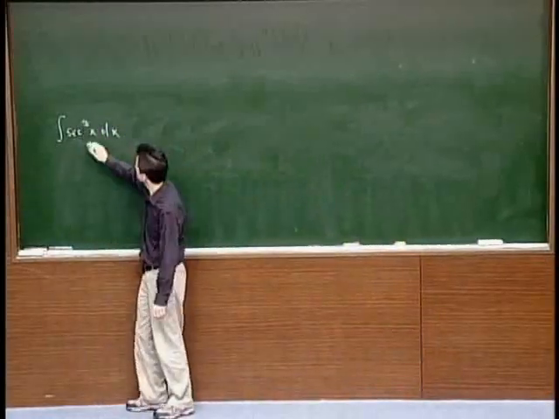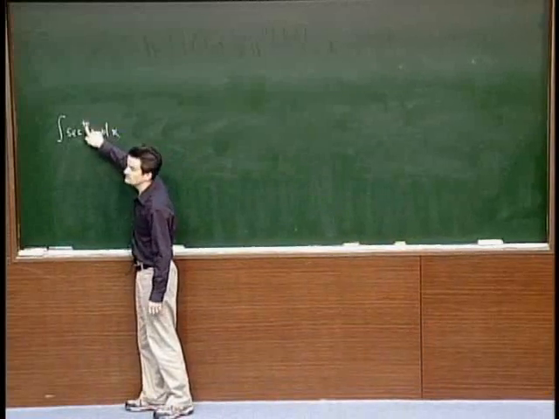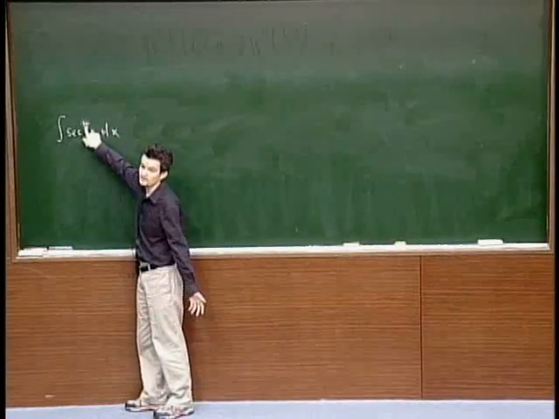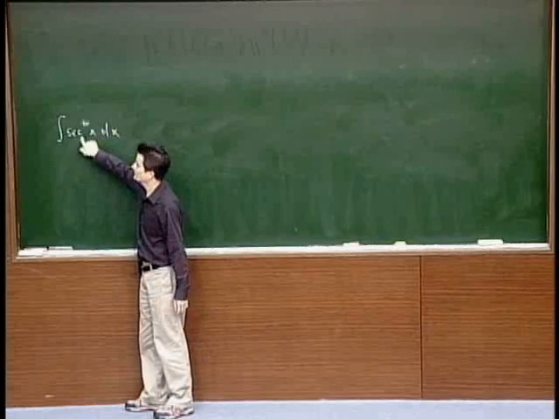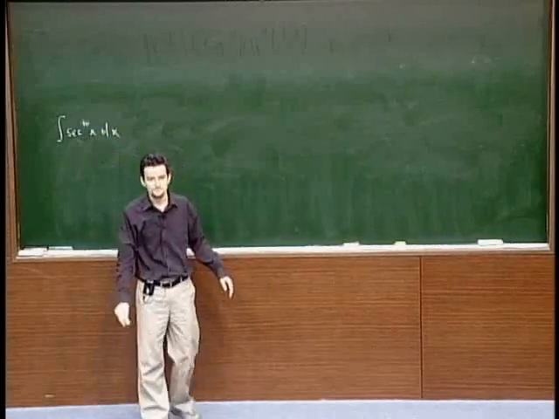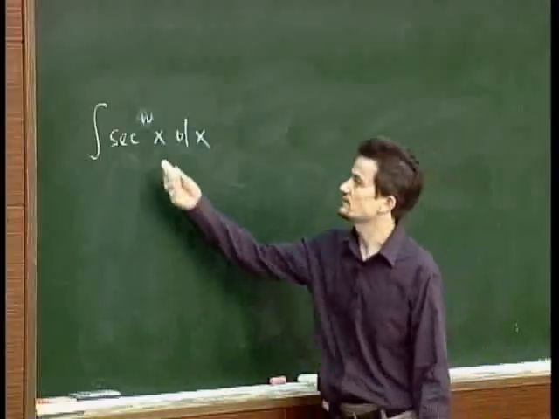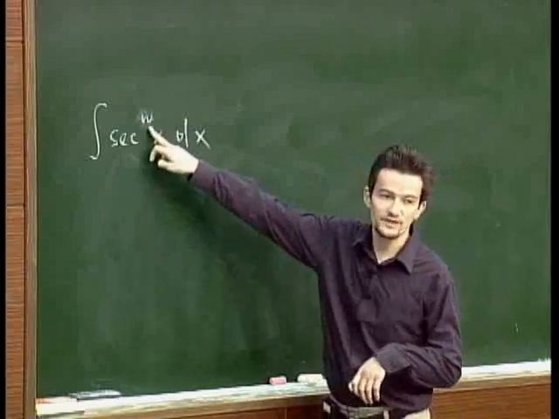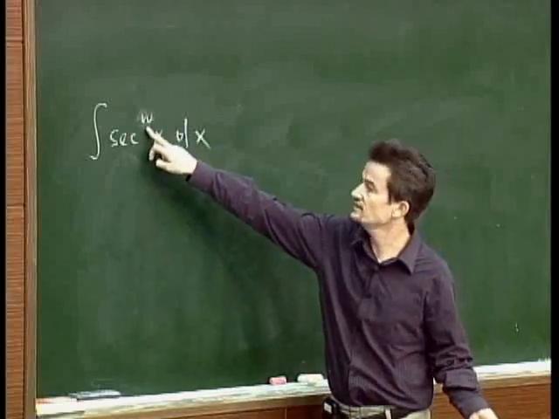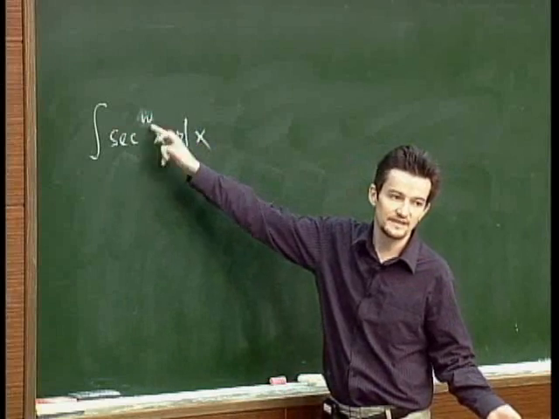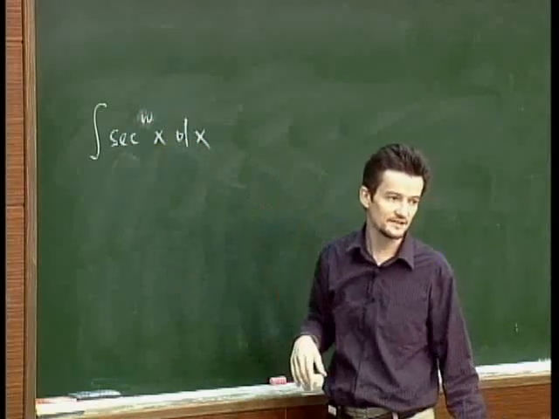Okay, so for this case, if n is even, it's easier, because if n is even, we can take out the secant squared of x, and the power of the rest will be even. So n even could be handled more easily, but n odd is the real troublemaker.